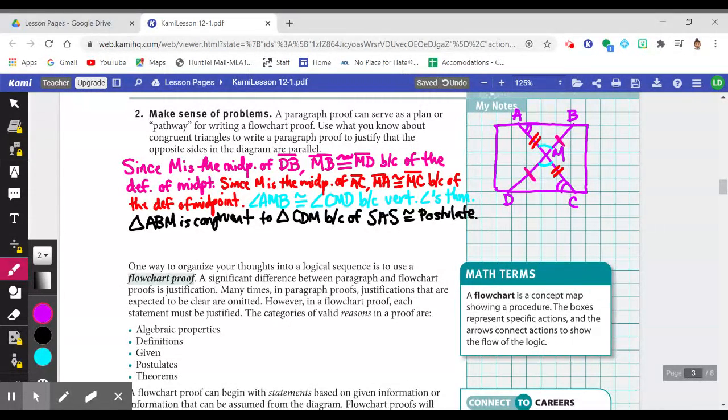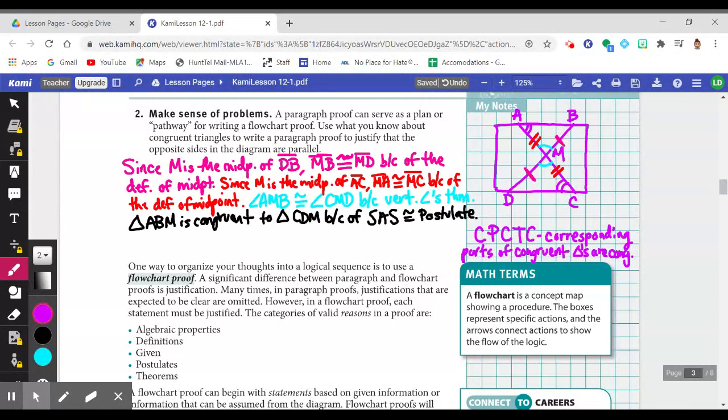So corresponding parts of those congruent triangles are congruent. We use the abbreviation CPCTC, which stands for corresponding parts of congruent triangles are congruent. Running out of room there. So once we prove the triangles are congruent, then the corresponding parts are congruent as well.